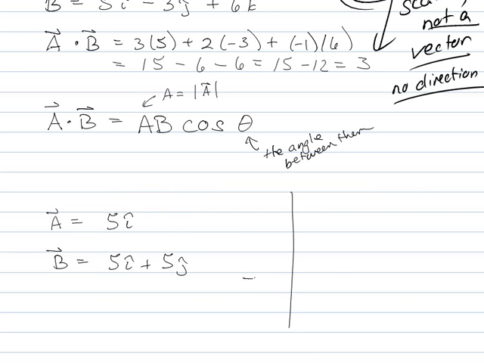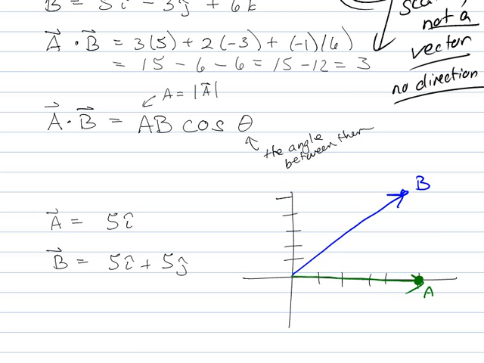Okay, so let's draw those out and say, okay, so this should be 1, 2, 3, 4, 5. There's A. 1, 2, 3, 4, 5. There's B. A is this vector, and B is this vector.